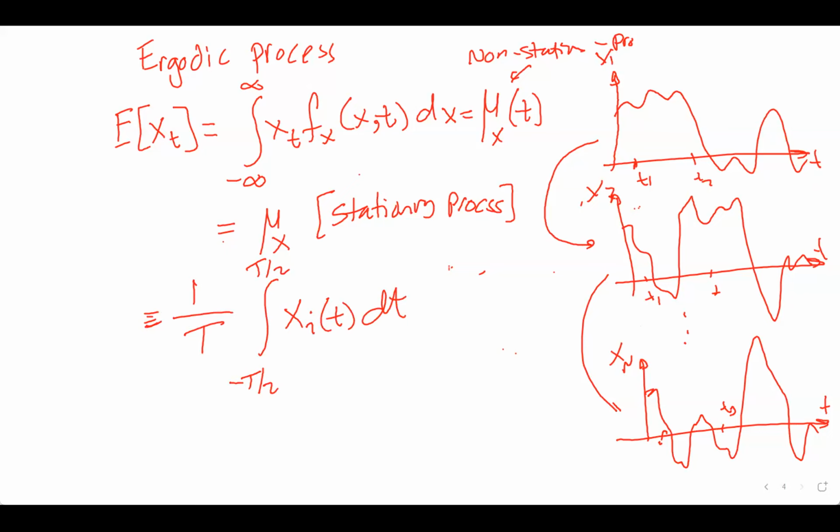So now you take only one time realization of these signals and you take the average over time, from minus T over 2 up to T over 2, dt.